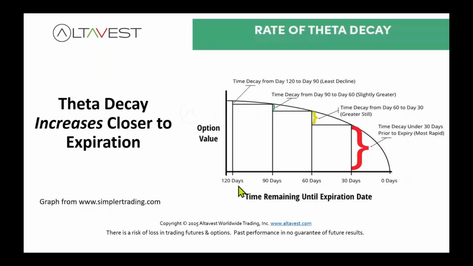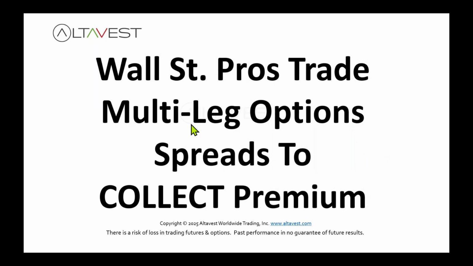So here's what it looks like on a graph. As you approach time zero, the percent of the premium remaining declines steadily for a while, but then actually the slope of the decay increases in the last 30 days or so of the option's lifespan. So Wall Street pros are using multi-leg option spreads to collect premium.